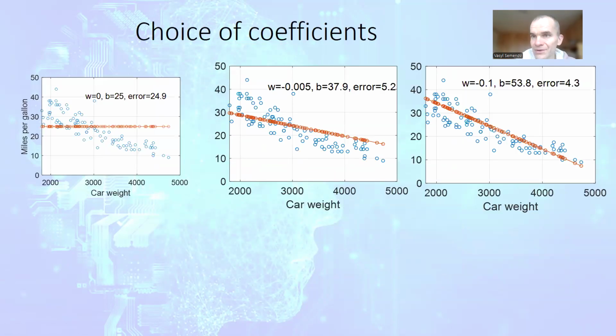Now the task is to select particular w and b so that we would have as good as possible approximation of our labels y based on features x, so miles per gallon based on car weight. Some particular choices for this are shown here.